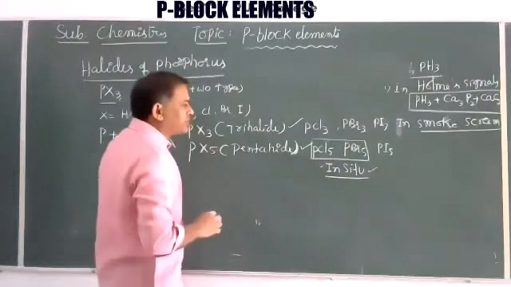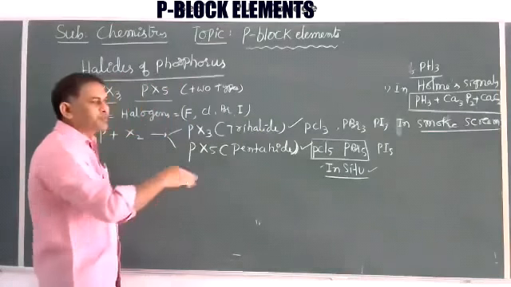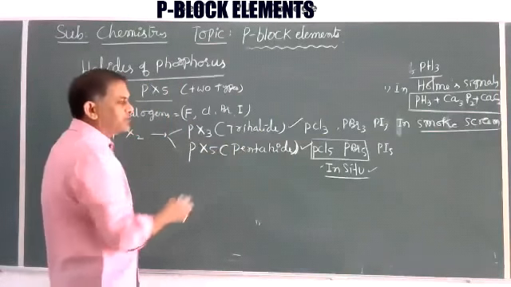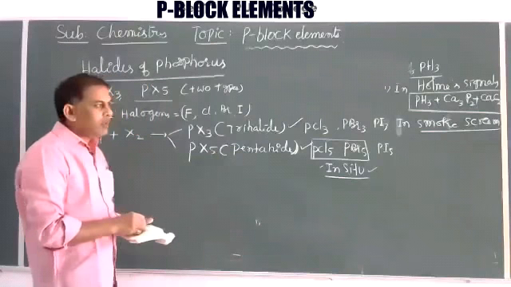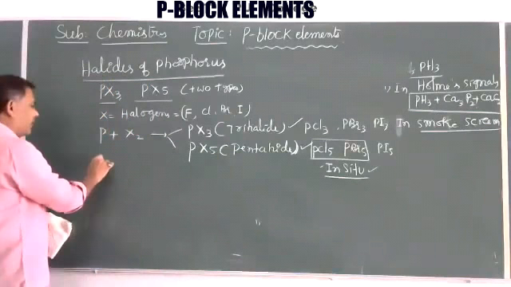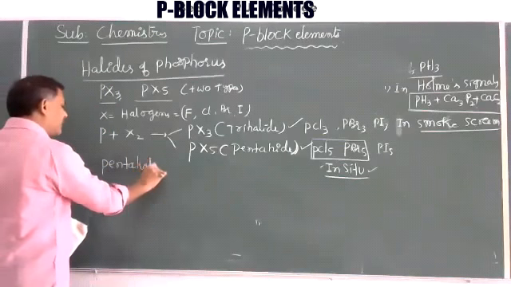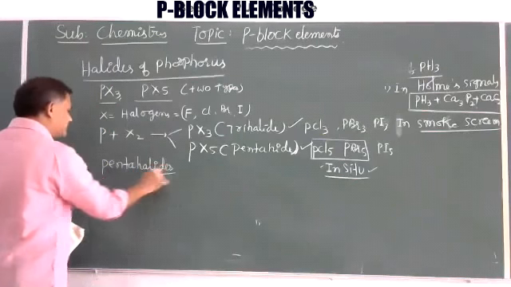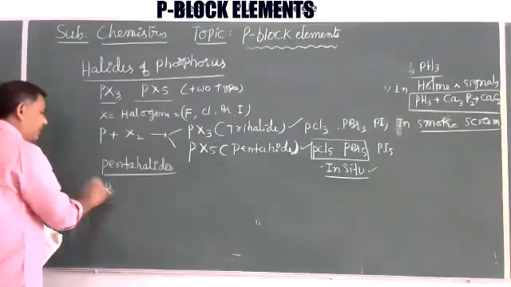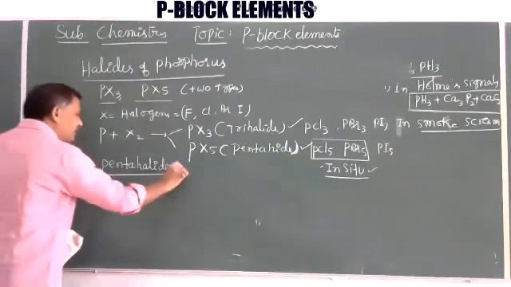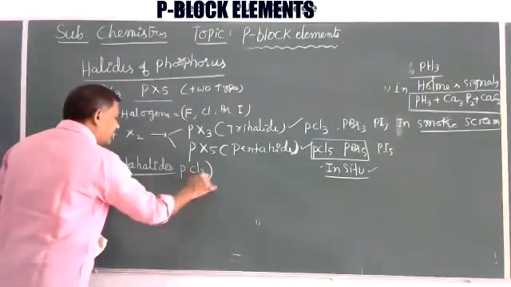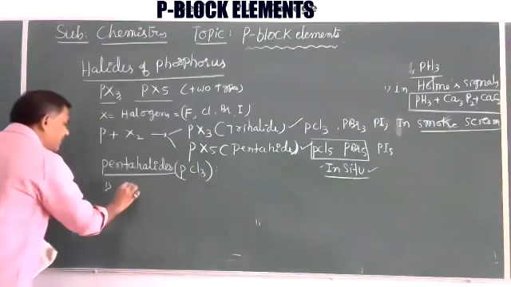White phosphorus reacts with halogens. It gives the corresponding trihalides as well as pentahalides. Two important methods are there here. We can take the PCl3 preparation method.